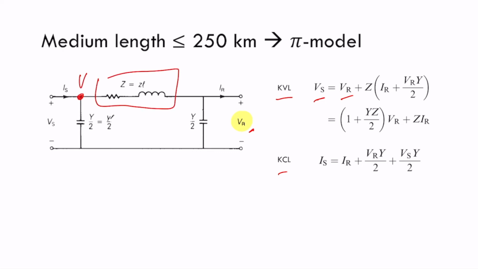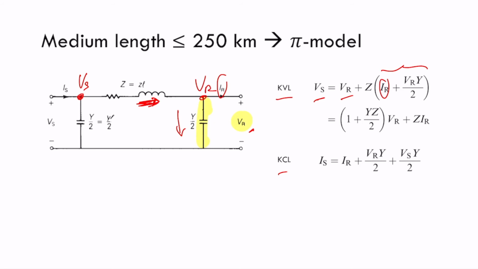Here we have VS, and here also we have VR. And what is the drop? The drop is Z, and this is the current that goes through this part of this equivalent circuit.